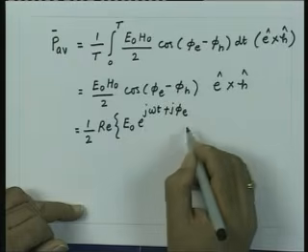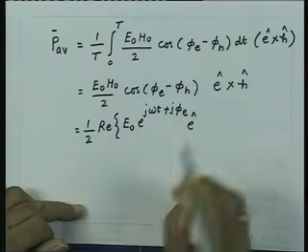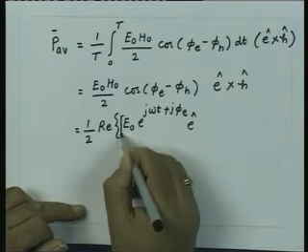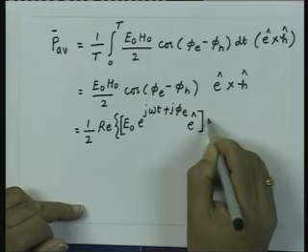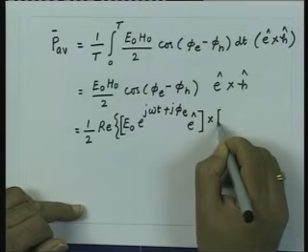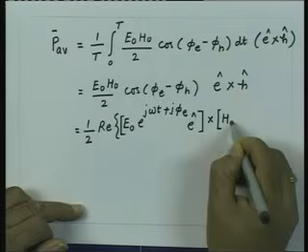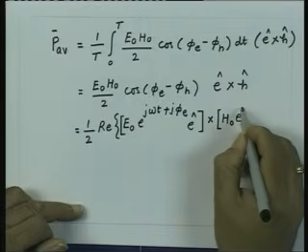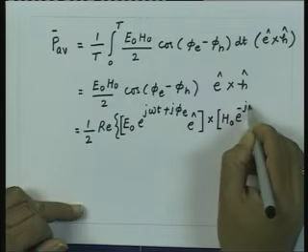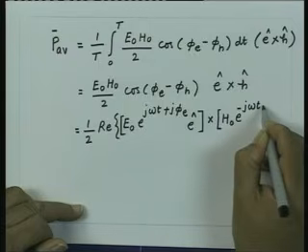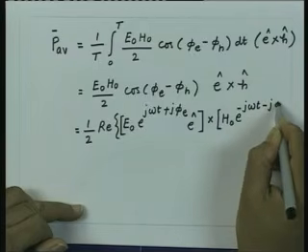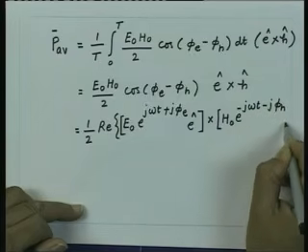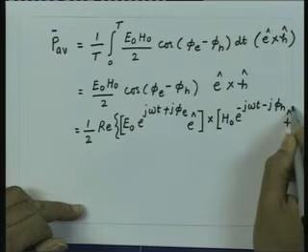So, that will be E, this is one quantity, cross H 0 e to the power minus j omega t minus j phi H, H vector.